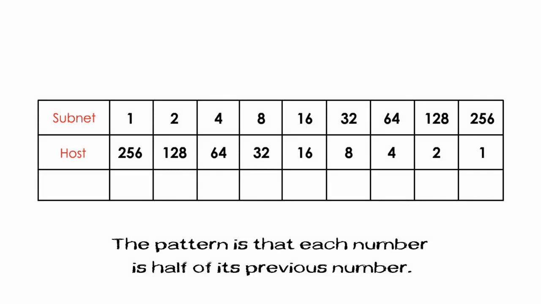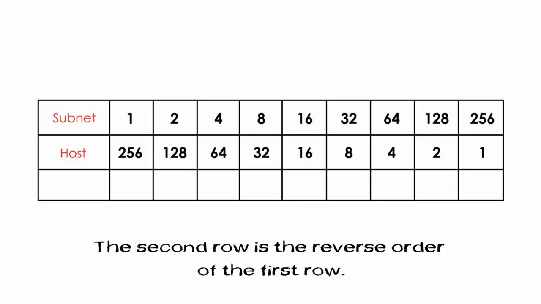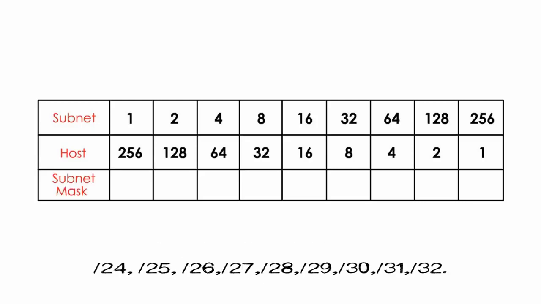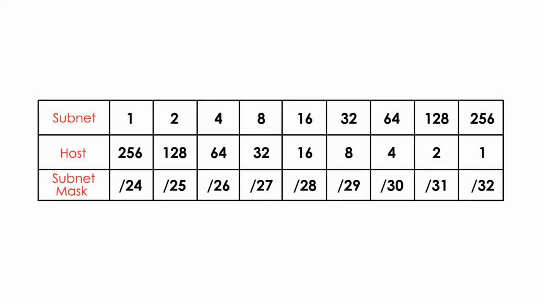The pattern is each number is half of its previous number, or the second row is the reverse order of the first row. You see, everyone can handle this, right? The third row is a subnet mask. We use shorthand format, starting with 24, 25, 26, 27, 28, 29, 30, 31, 32. Well, we are done.